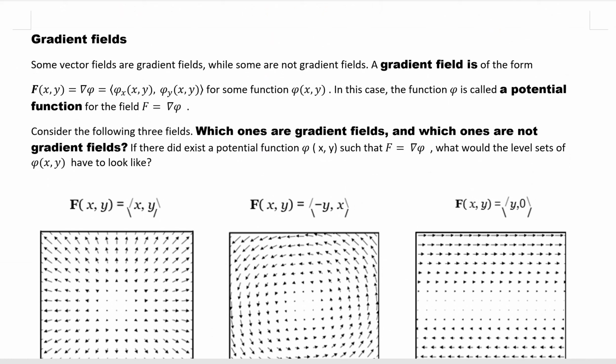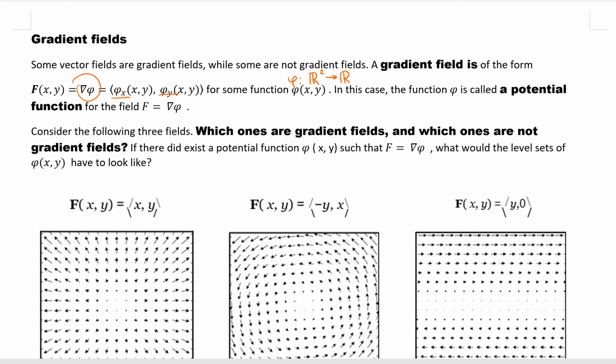It is of the form of the gradient of a function, which means it's the partial of the function phi with respect to x and the partial with respect to y, for some scalar valued function phi from R2 to R. This function phi is called a potential function for the field, so the field F equals the gradient of phi.